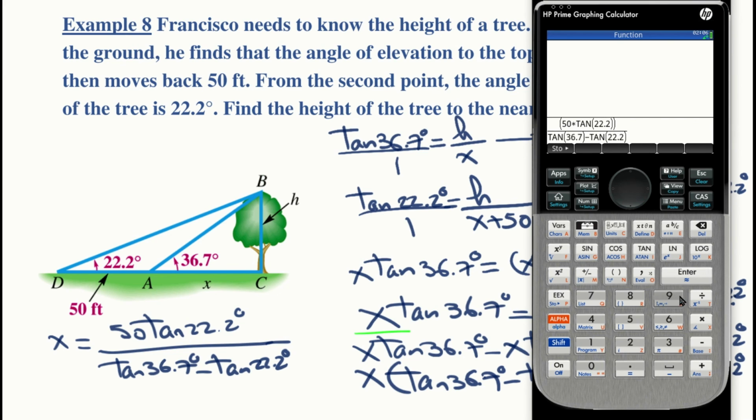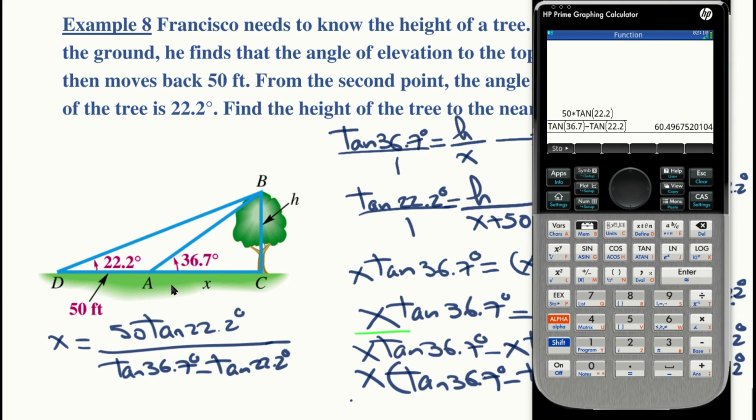All right, and that should do it for us. So we see that x equals 60.4967, etc. Right now, I could round this, but if I want to get a really accurate answer, it's best that we round as little as possible.